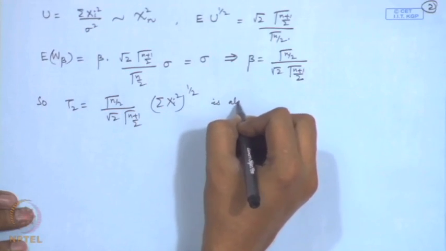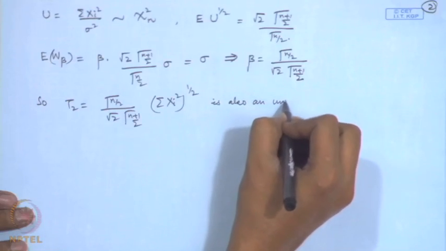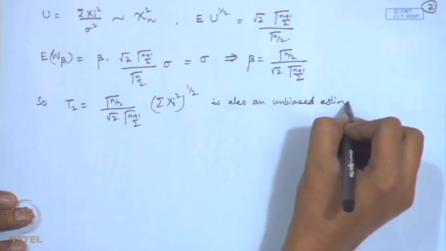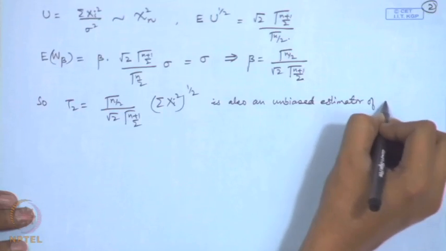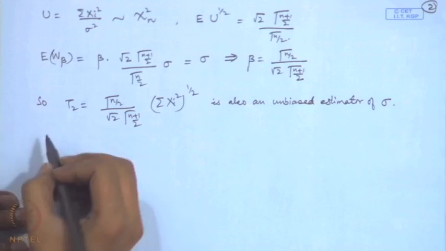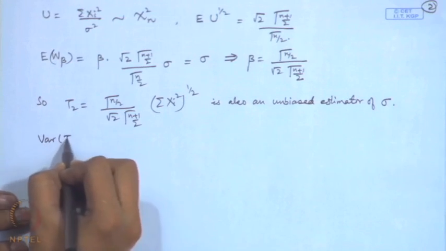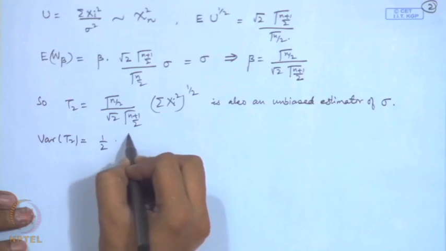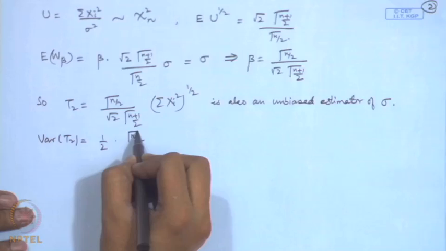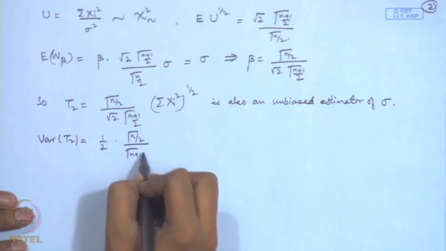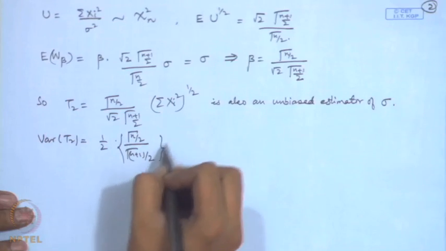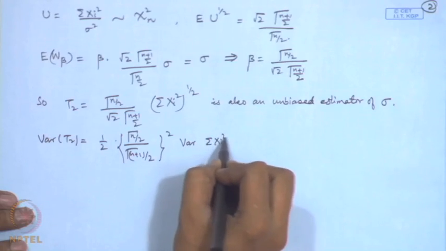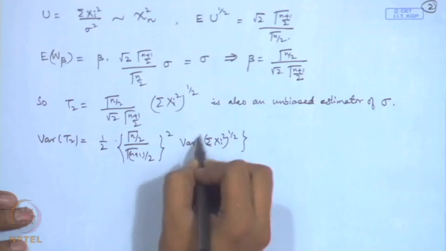This is also an unbiased estimator of sigma. Let us look at what is variance of T2. Variance of T2 is half, gamma n/2 divided by gamma (n plus 1)/2, whole square, into variance of (sum of X_i square) to the power half.